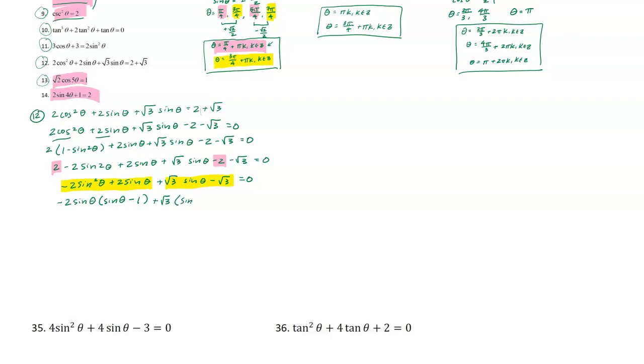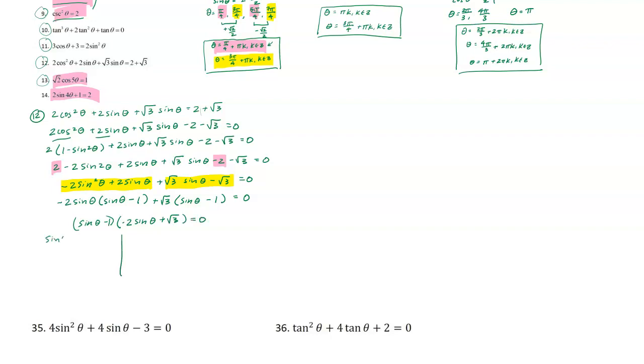So I have a sine of theta minus 1. From these 2 groups, I can take out a sine of theta minus 1. When you're factoring by grouping, you're dividing both of the terms by sine of theta minus 1. And then what you're left with is negative 2 sine of theta plus square root of 3 equals 0.